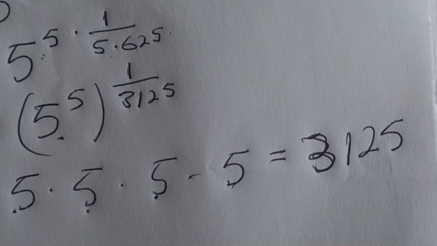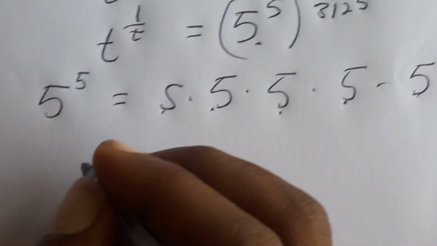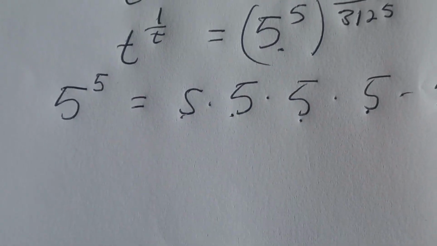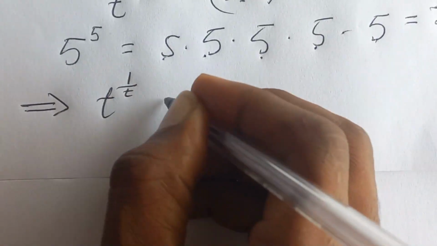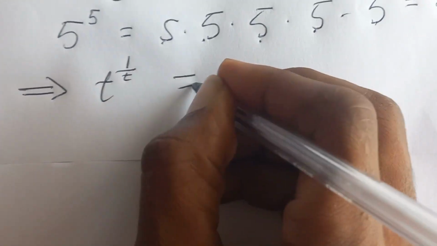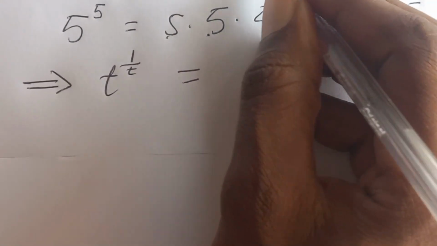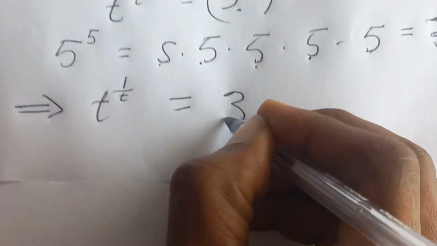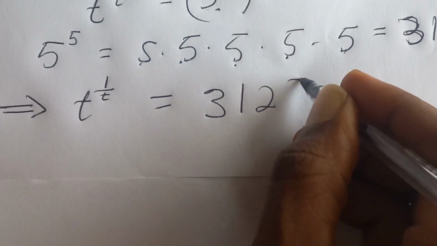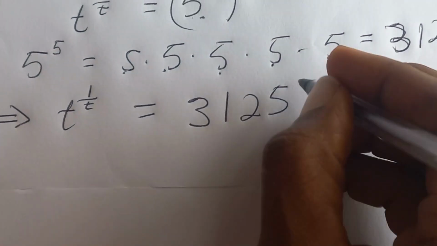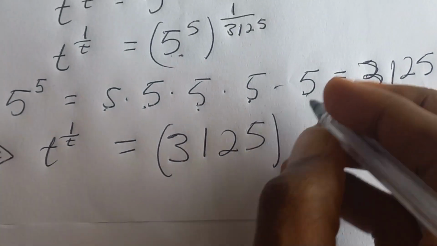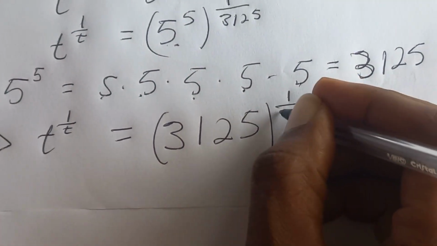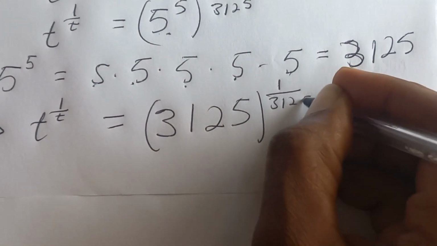Okay, so now you can say that our t exponent 1 over t is equal to 5 exponent 5, which is now 3125 exponent 1 over 3125.